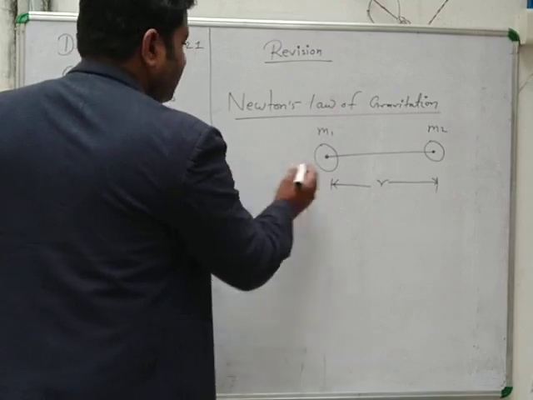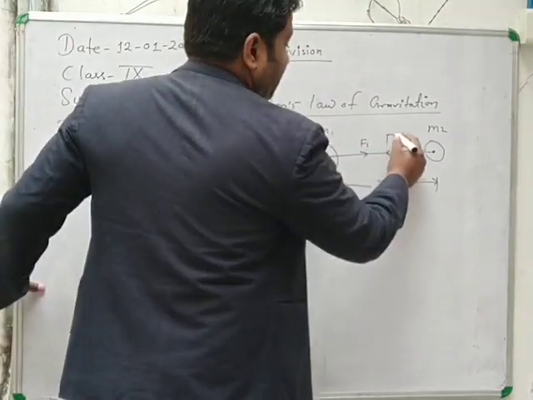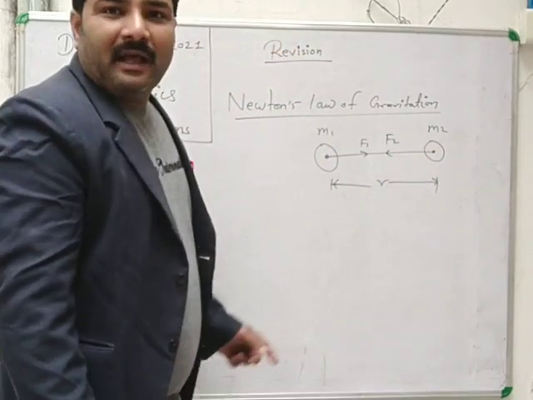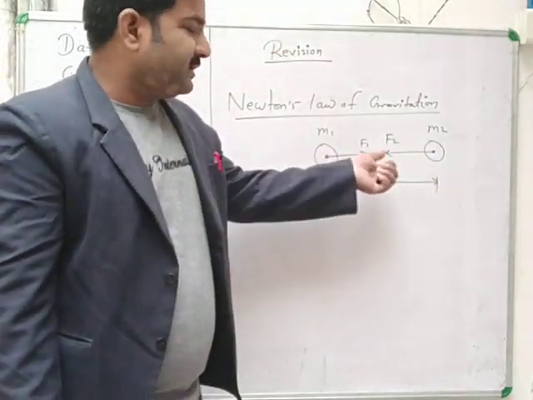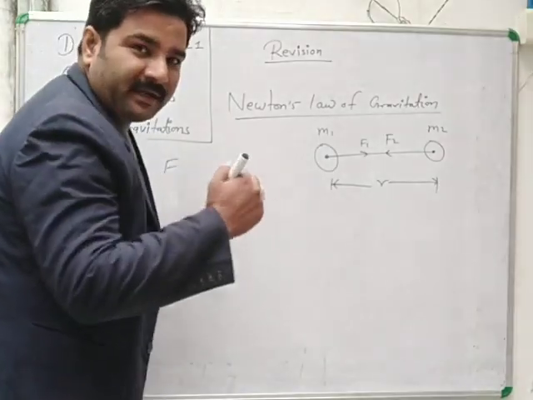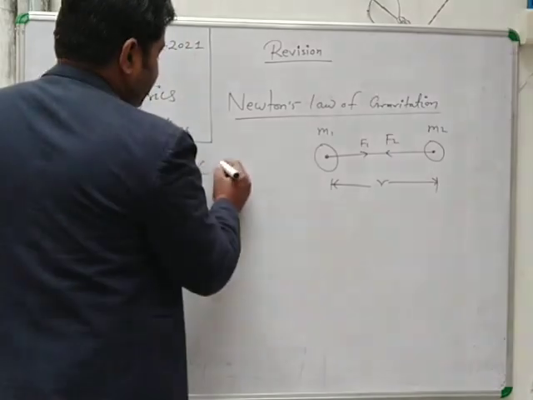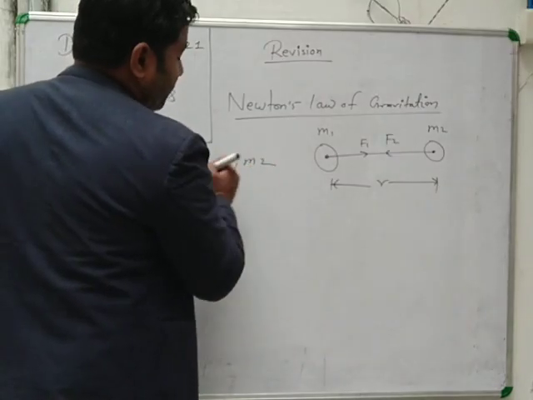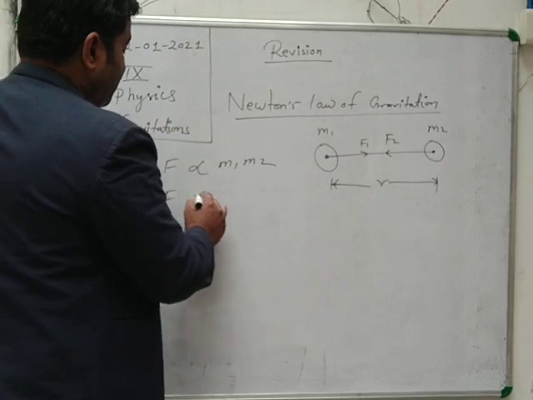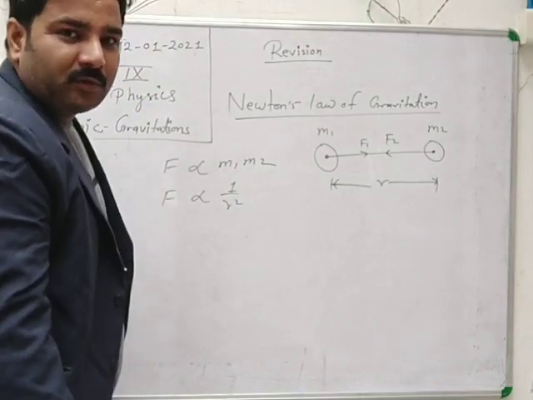Then the first body applies force F1 on the second body, and the second body also applies force on the first body, that is F2. So whenever the magnitude is taken, the magnitudes of both the forces will be equal. Then F is directly proportional to the product of m1 and m2, and F is inversely proportional to the square of the distance between both.